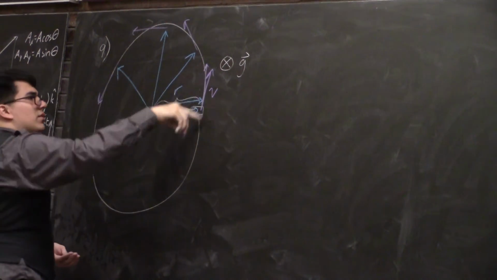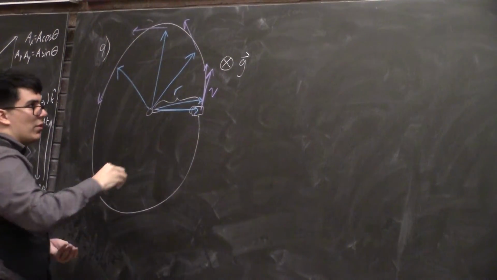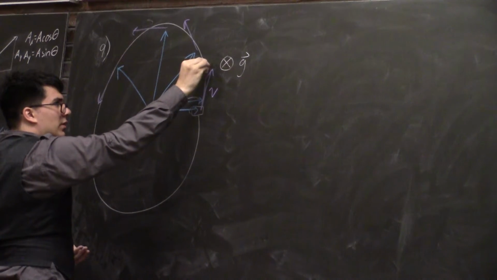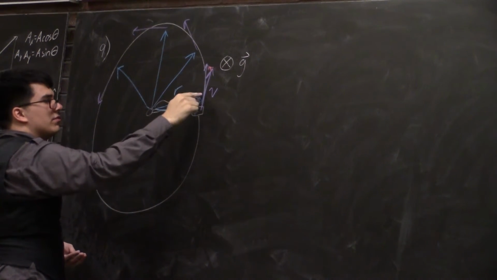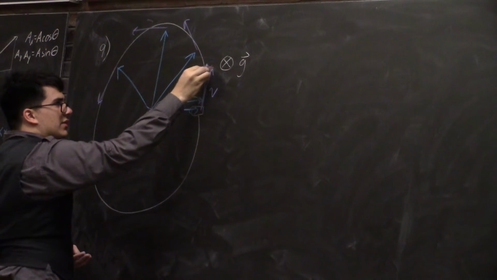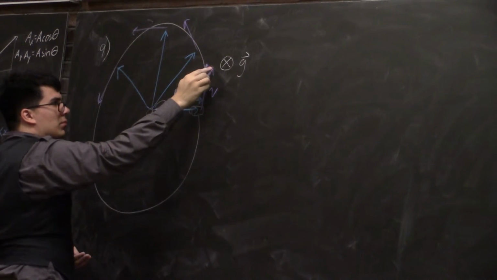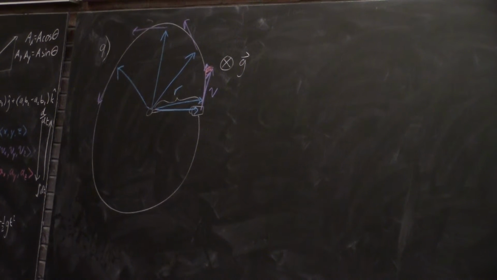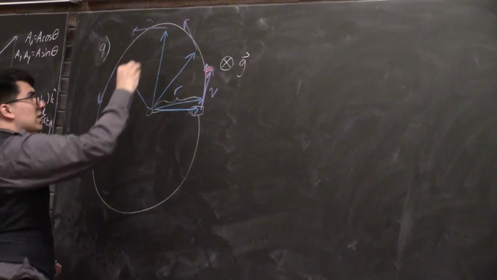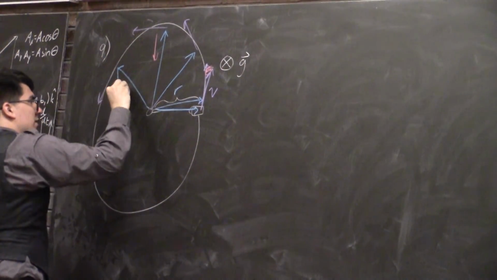If I take these two vectors and compare them, I'm going to have an acceleration pointing this way. If I bring these two vectors closer and closer, the acceleration vector ends up pointing more and more toward the center of my circle.